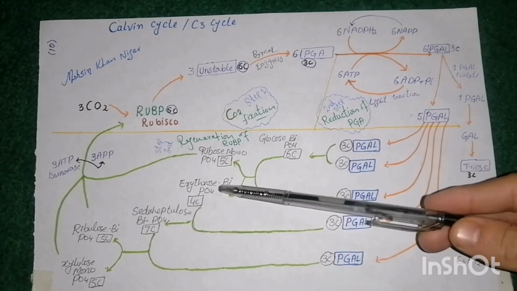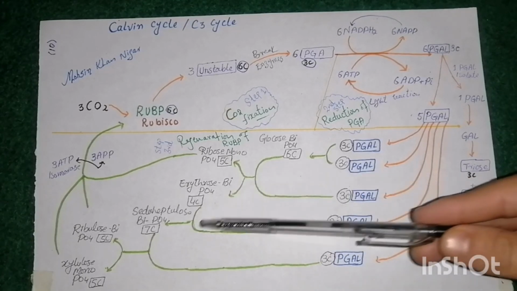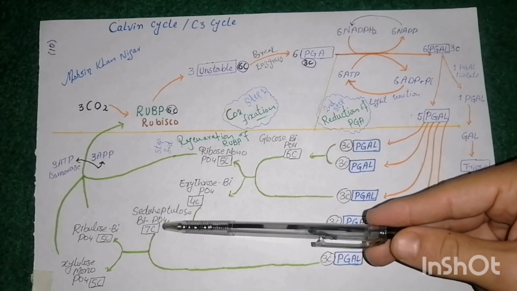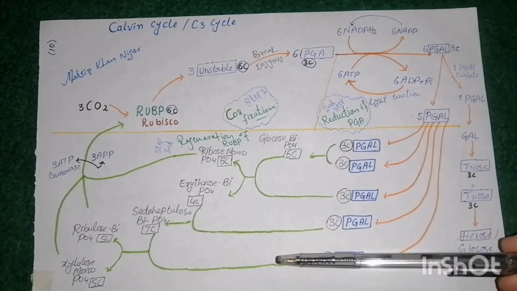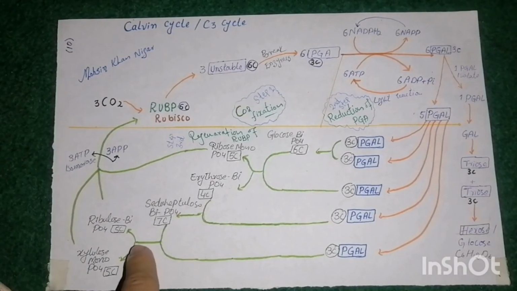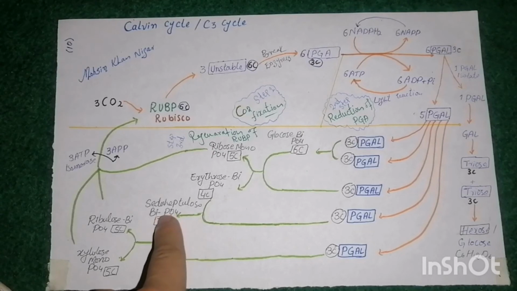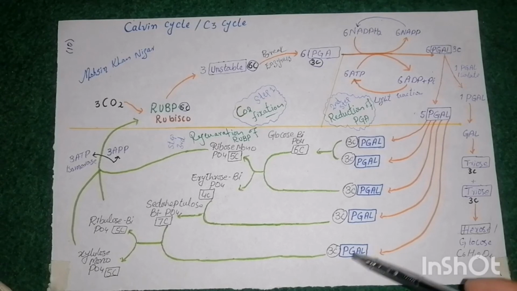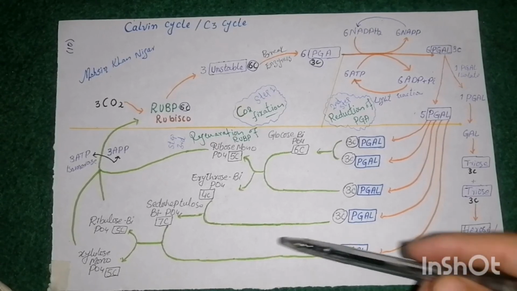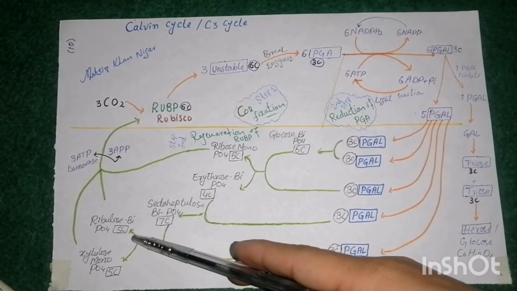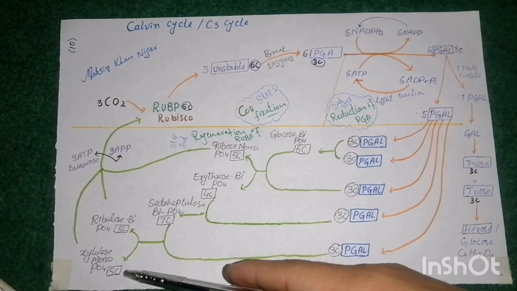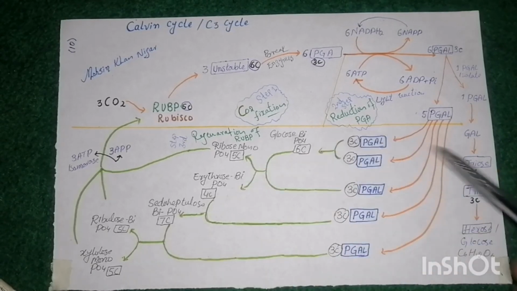You can see this one and this one react to form sedoheptulose biphosphate, a 7 carbon compound. Now the 7 carbon compound sedoheptulose biphosphate reacts with the last molecule of 3 carbon PGAL to form 2 molecules: the first is ribose monophosphate, which is 5 carbon, and xylulose monophosphate, which is also a 5 carbon molecule.